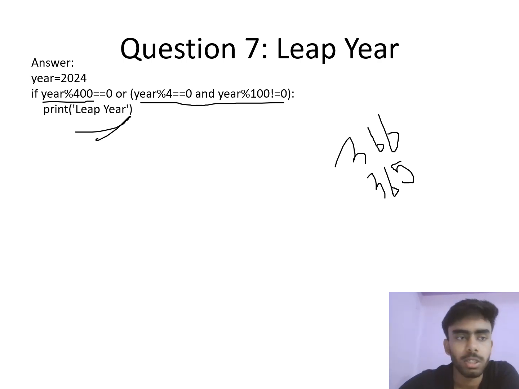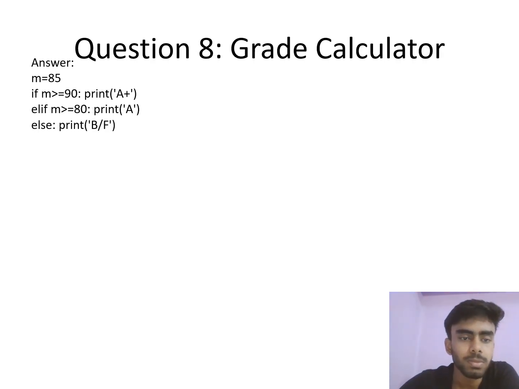Now come to the next question. This question is for a grade calculator. Here the user has taken input as integer 85. You have to find out in which grade this number lies.